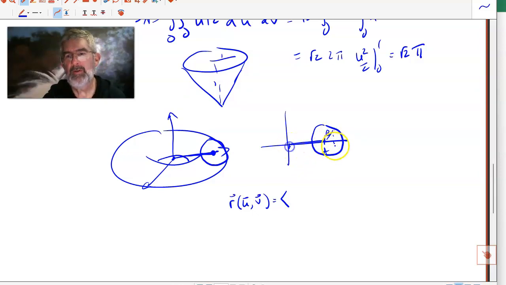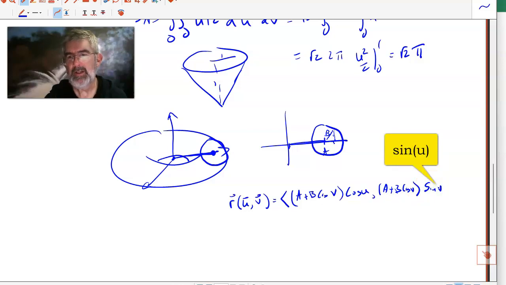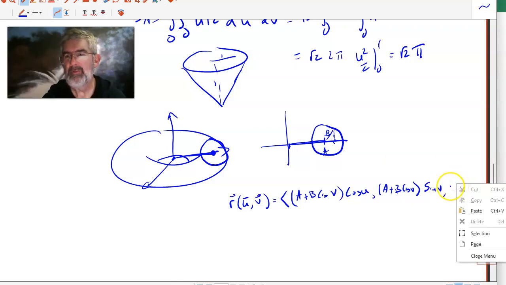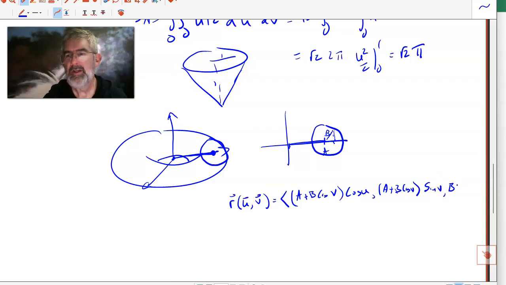The distance from the origin out to this point that you'd get by dropping straight down is A plus B cosine V. And then to get the x-coordinate, I'm going to multiply by cosine U. Same thing, A plus B cosine V multiplied by the sine of U to get the y component. And then z is just B times the sine of V.